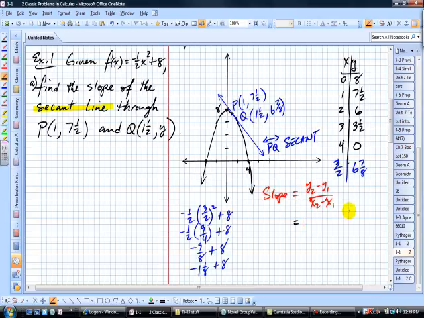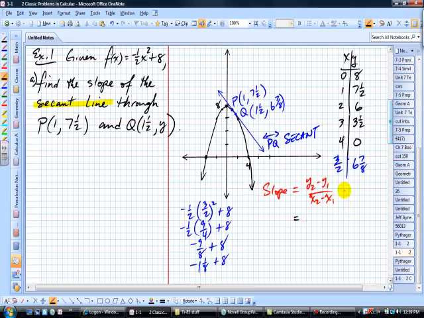So let's do that. We have 7.5 minus 6 7/8 divided by 1 minus 1.5. That's going to be equal to 7 4/8 minus 6 7/8, which is 5/8, divided by negative 1/2.